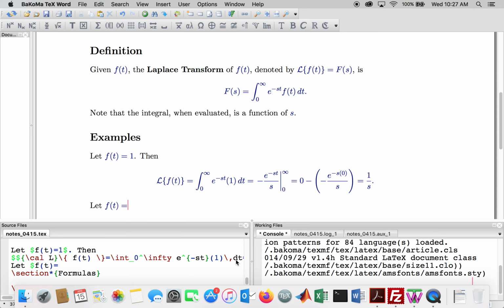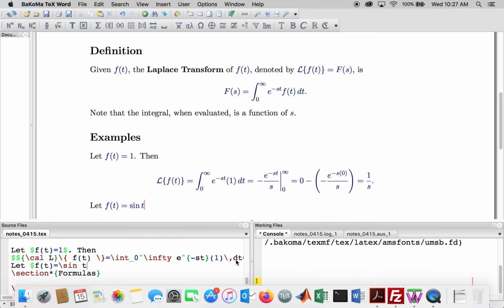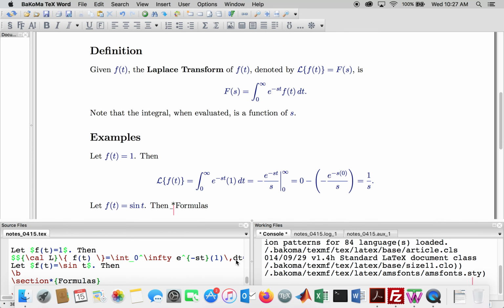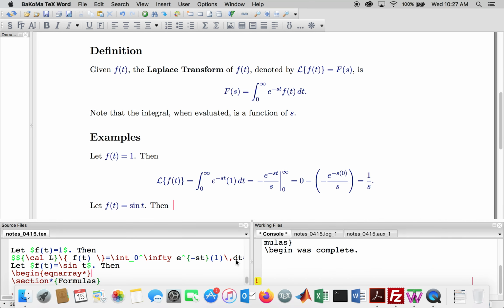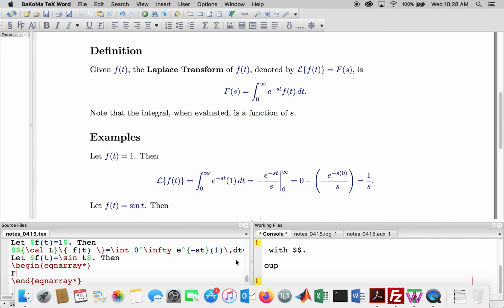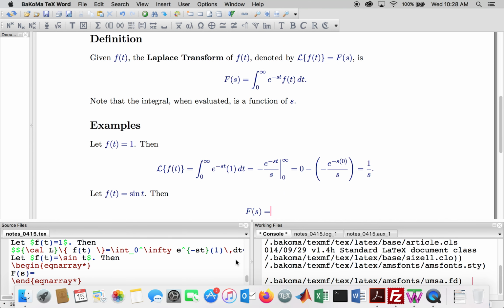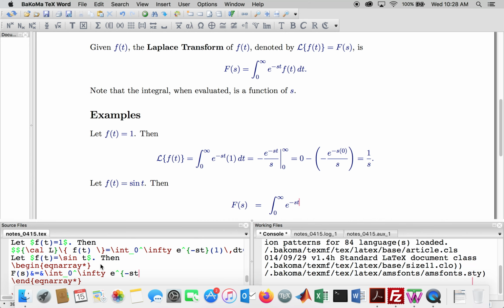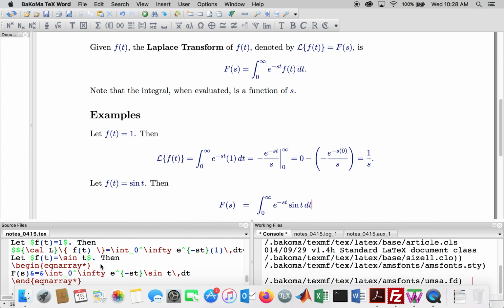All right. Let's do another. Let f of t be equal to sine t. So what happens in this case is I'll need to make this a multi-line formula. Okay. So F of s, which is the Laplace transform of f of t, will be the integral from 0 to infinity of e to the minus st sine t dt.